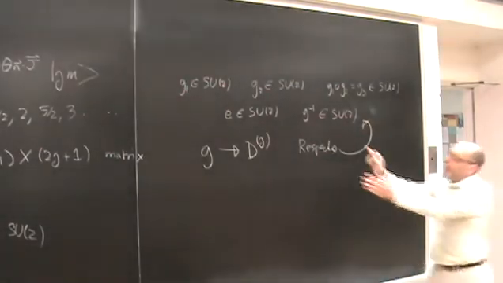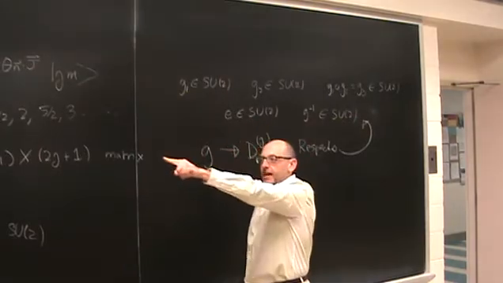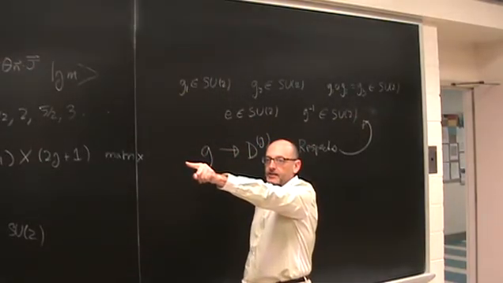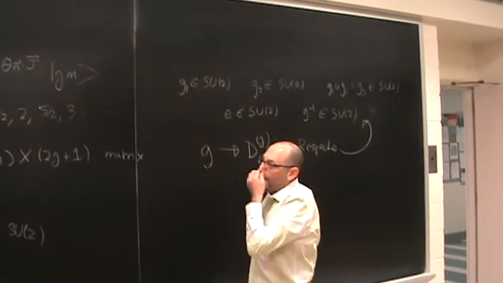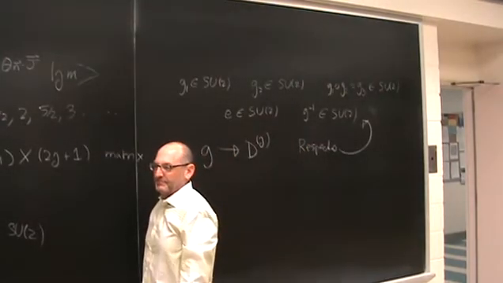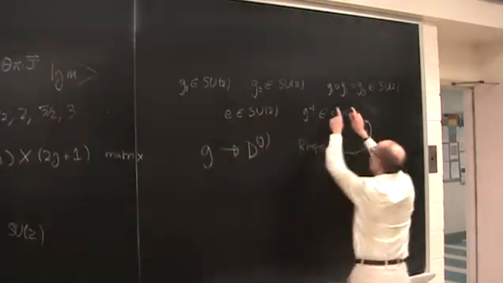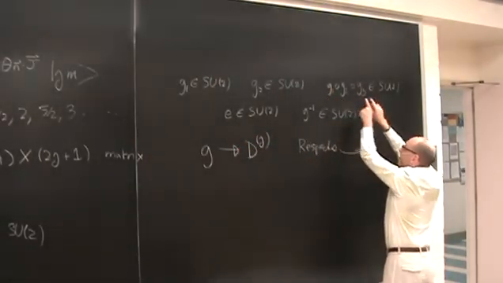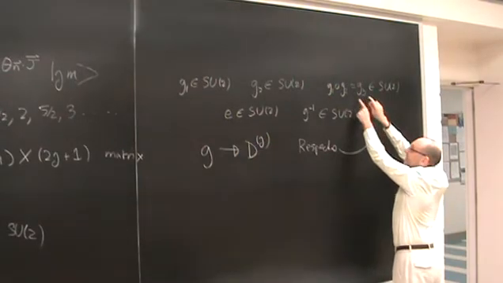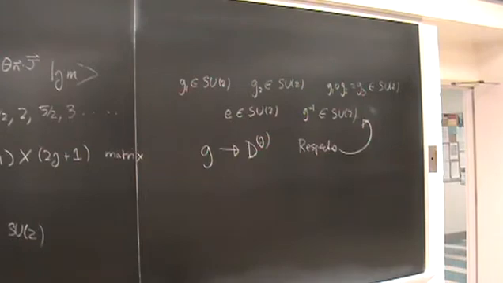In other words, I take every element, every 2 by 2 matrix there, and I map it to a 3 by 3 matrix. And then I look to see whether the product of those 2 by 2 matrices gives me another 2 by 2 matrix. And if it respects all of that, it respects the group structure.